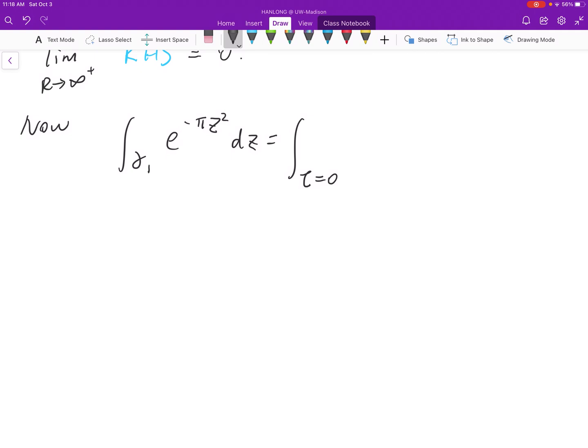So the parametrization is given by: gamma 1 is parametrized by r plus i tau, where tau is from 0 to c.